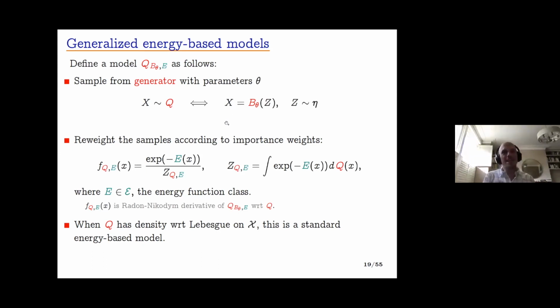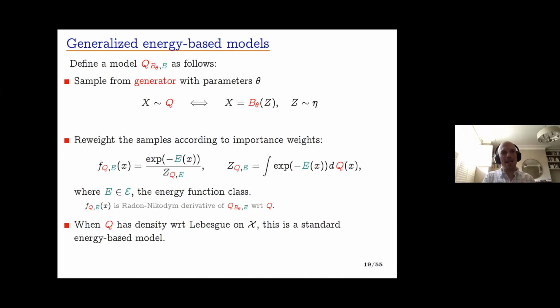All right. But what we're going to do, which is different to what a GAN does, is then to reweight these samples according to some importance weights. Okay. So my F, which is going to depend on both Q, which is my generator distribution, and my E, my energy function, is going to be given by this exponential here. So an energy-based model where the log partition function is integrated over my Q coming from my generator.